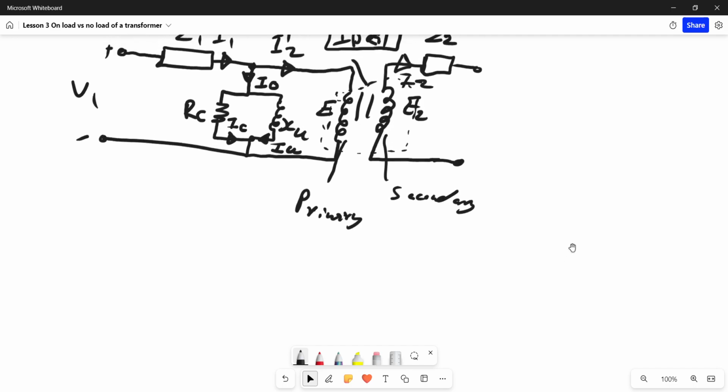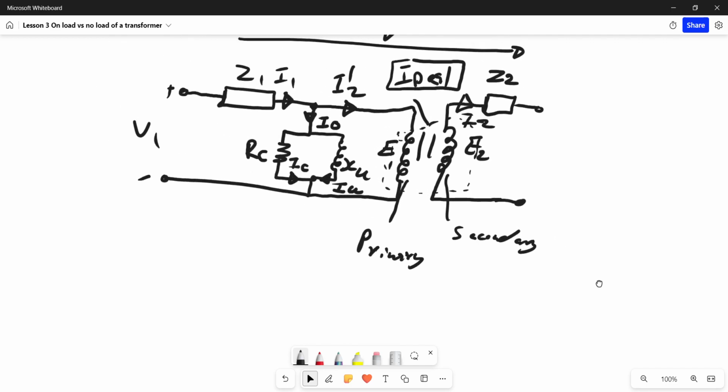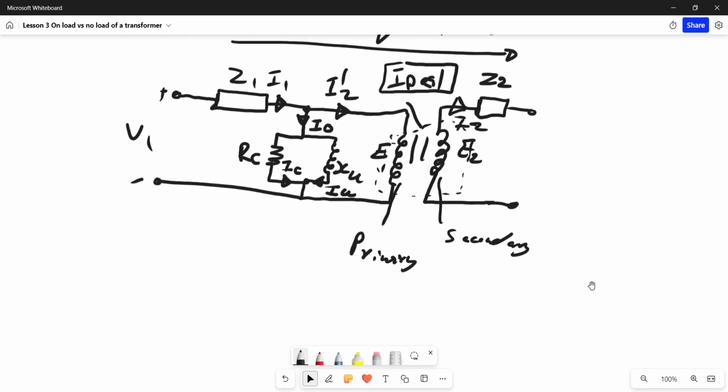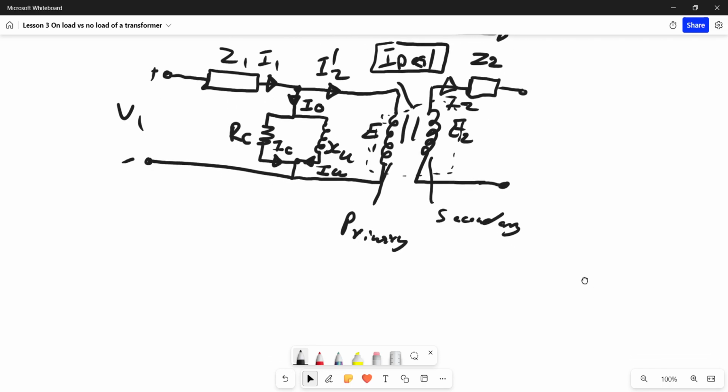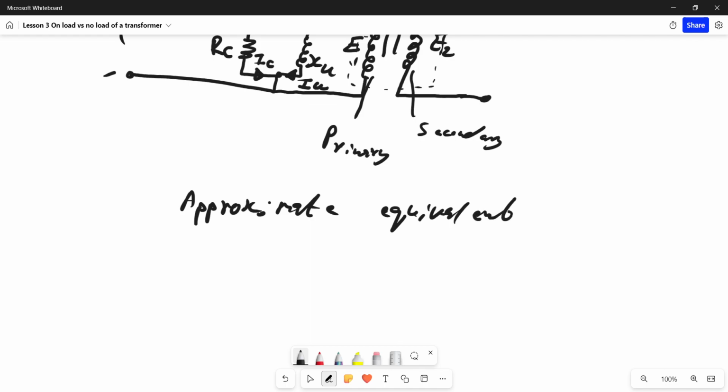If they do that, it gives rise to a second, simplified circuit, which is called the approximate equivalent circuit.